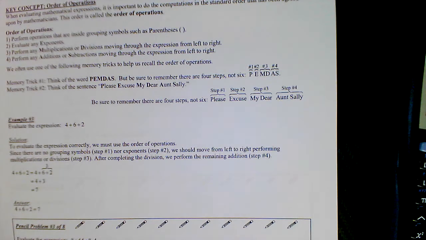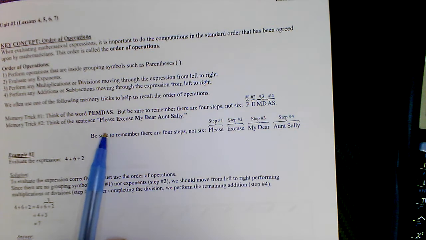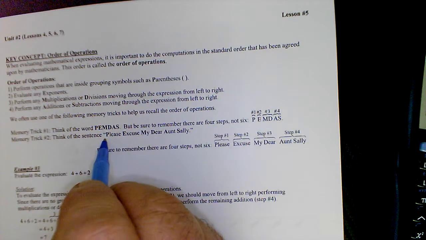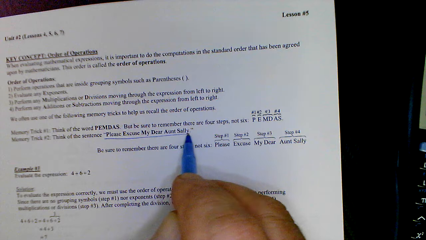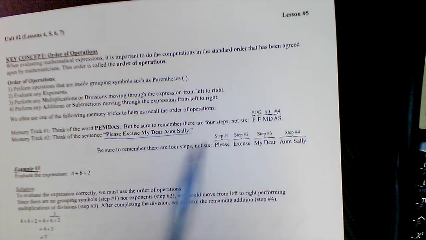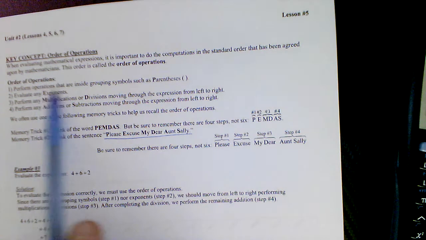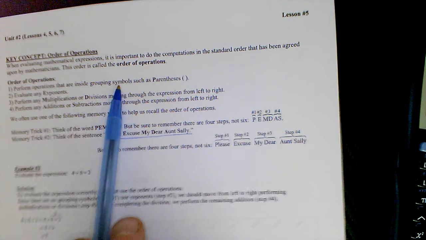Okay, the next idea is order of operations. And you might have heard the expression, please excuse my dear Aunt Sally. P stands for parentheses, but really more than that, any type of grouping symbols.